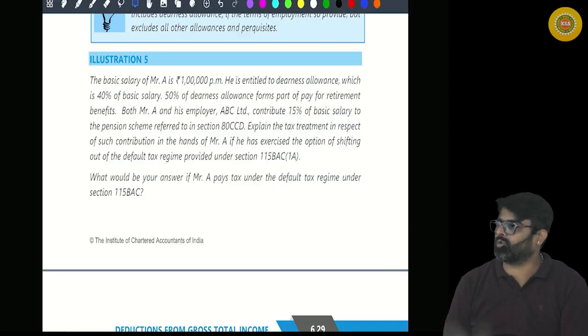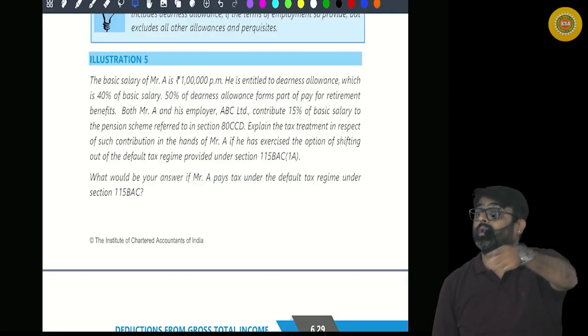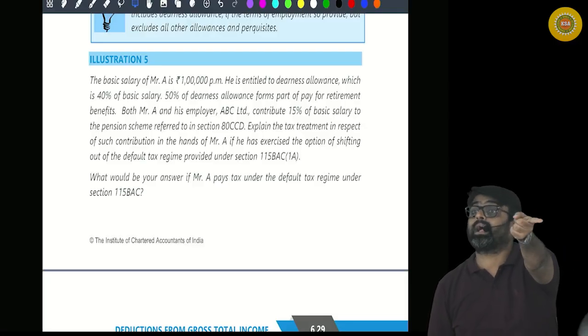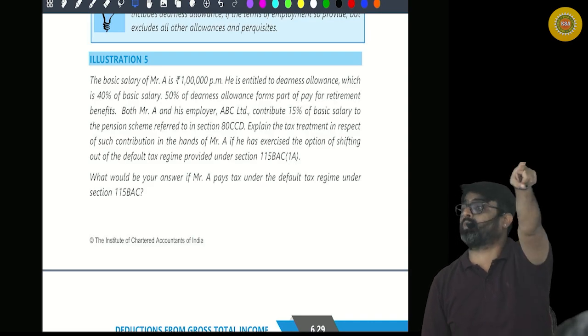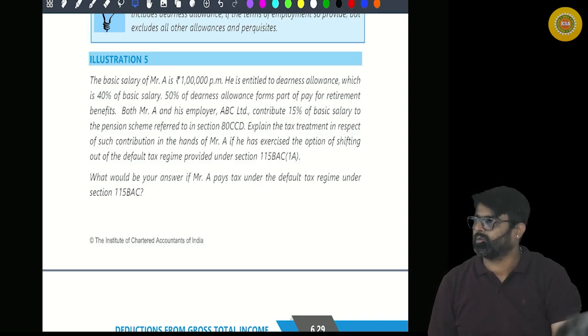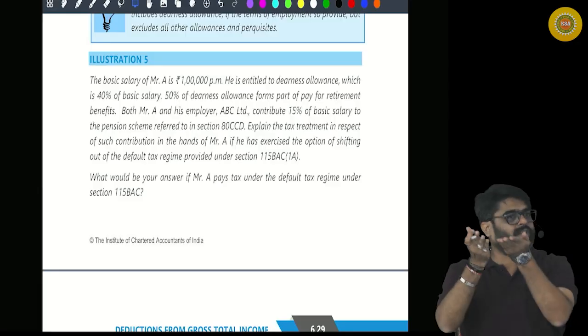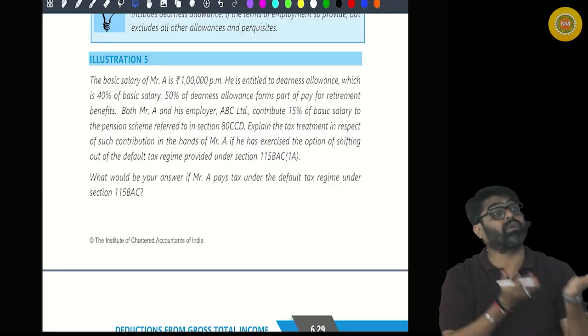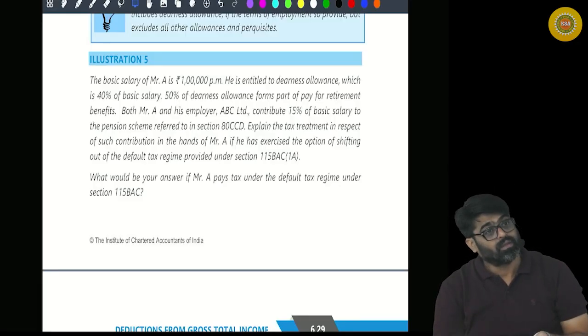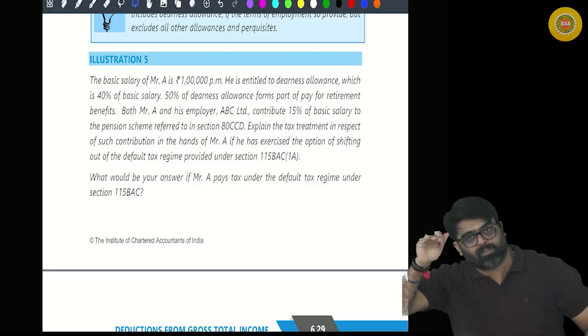Are they telling you to calculate the limit? When you calculate the limit, that time you are going to take 10% of salary, and in that salary you are going to take basic and DA in terms. Straight away they are saying that 15% of basic. So don't apply your mind here.